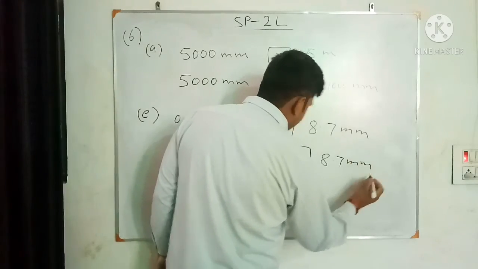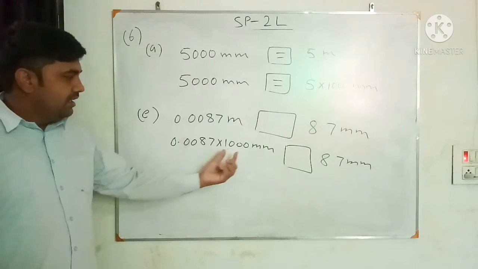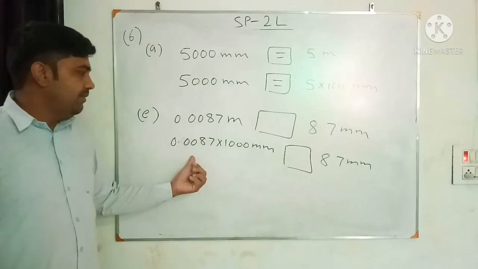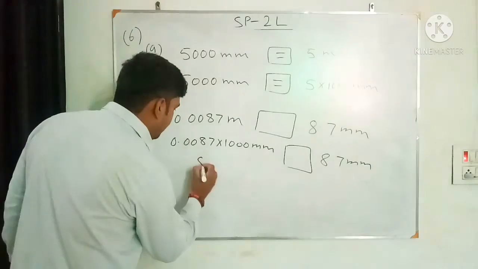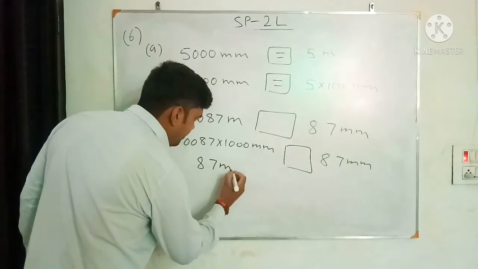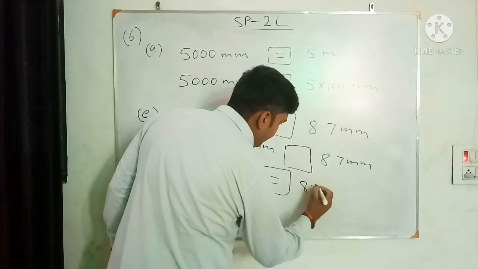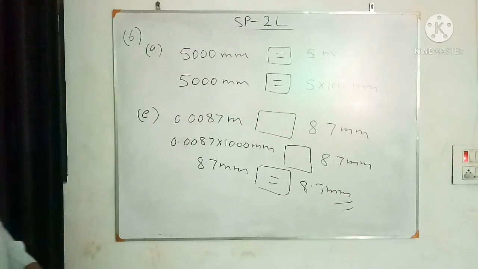Whenever you multiply any decimal number by 1000, decimal will shift 3 places right. So 1, 2, 3. The answer will be 8.7 millimeter. Here also 8.7 millimeter. Both are the same number.